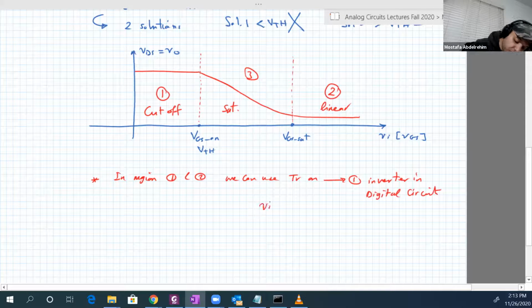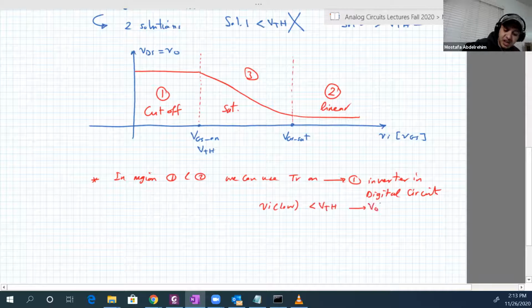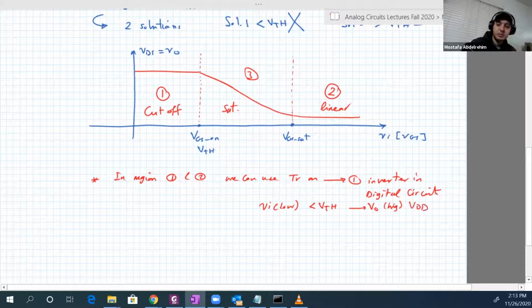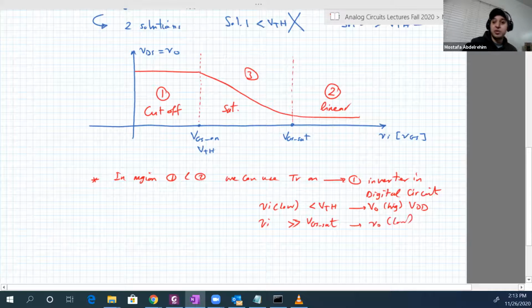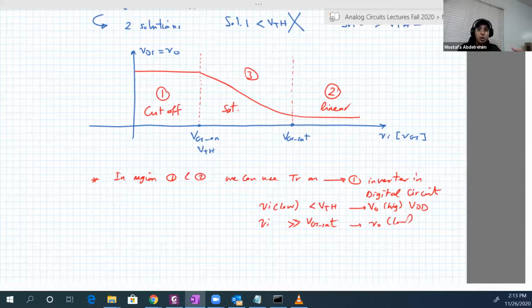Because when V input is low, meaning less than V threshold, the output VDS will be high, VDD. And when the input is much larger than VGS set, we will have a low output. So it's inverting. If you have input high, you will have output low. If you have input low, you will have output high.